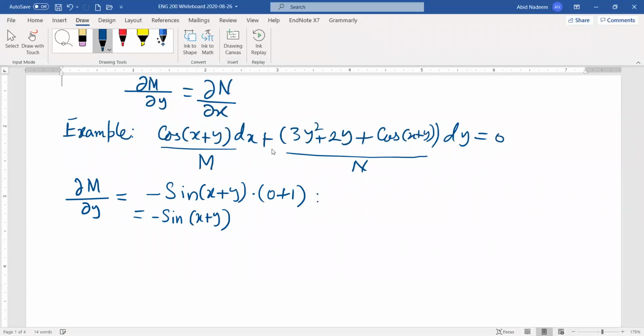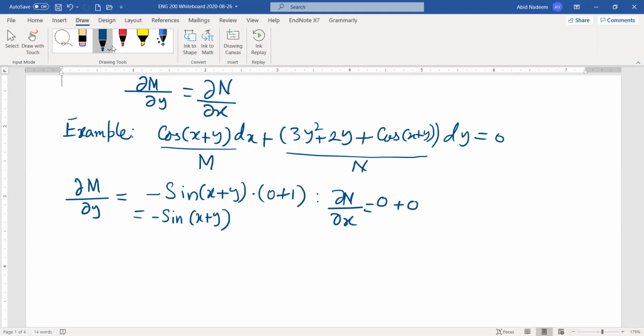Next we check the partial derivative of N with respect to x. Here, 3y squared is 0 because y is considered constant, and 2y is also 0.